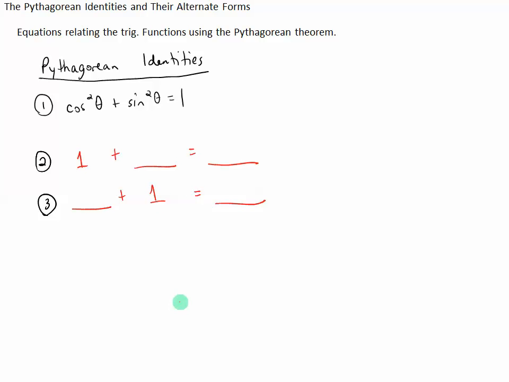Okay? Now, let's look at what happens here. To get the second one, we divided by cosine squared of theta. And to get the last one, we divide by sine squared of theta.